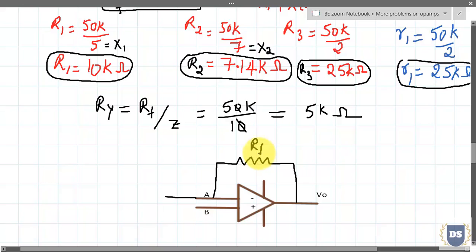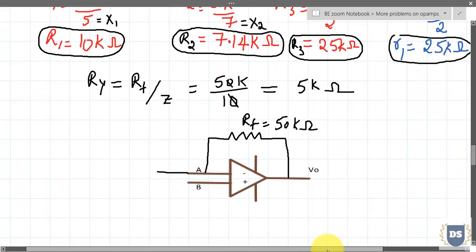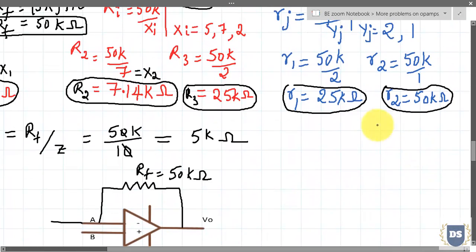So this is my feedback resistance Rf, and the value of Rf that we have got is 50 kilo ohm. And because we have got 2 inputs associated with negative sign, these are the inputs that should be fed to the inverting input terminal, and the resistances associated with the inverting input terminal are R1 equal to 25k and R2 equal to 50k. So R1 is the resistance associated with voltage V1 and R2 is the resistance associated with voltage V2.